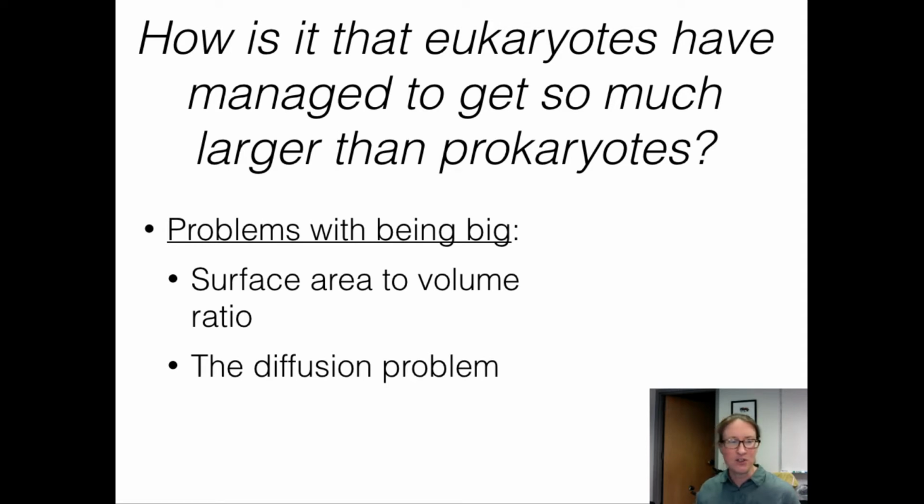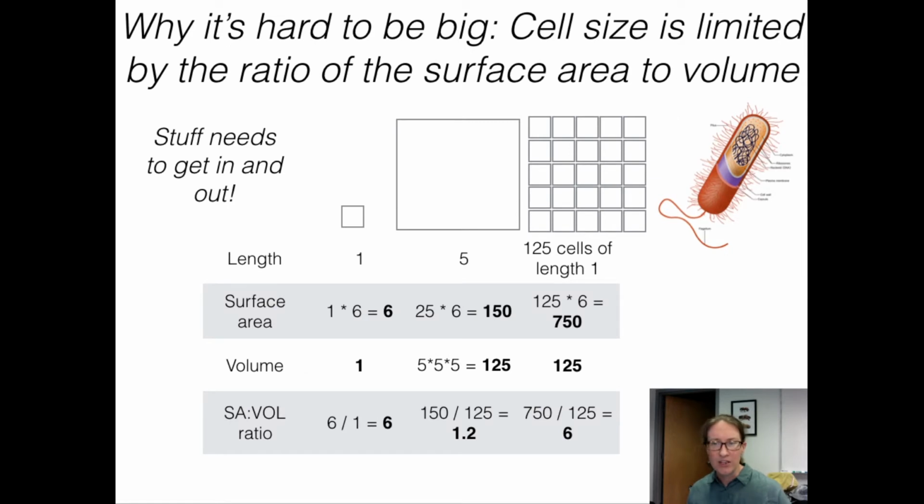And the first has to do with the cell's work surface. So how big its surface area is compared to how much volume it contains inside. And the second is a problem that's called the diffusion problem. So for problem number 1, let's walk through some calculations. So we're going to work with some cube-shaped cells because it's easiest to calculate volumes for cubes. So if we start out with a cube with sides of length 1, then the cube's total surface area will be 6, right?